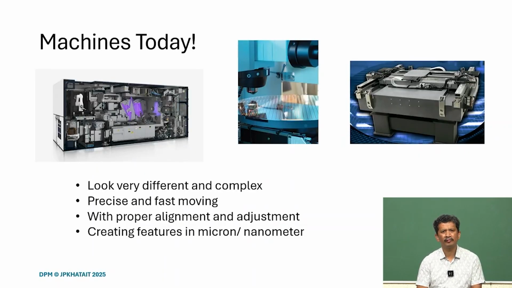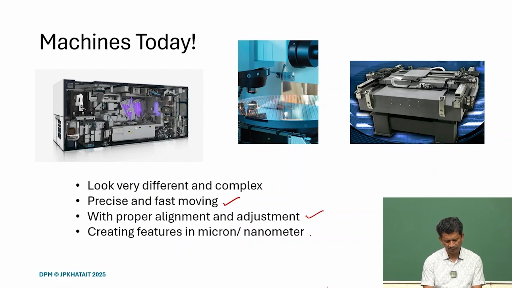At the same time, when we look at the machines today, the systems, the instrumentation, the machines which enable us to produce these products, they are very complex, they look very different, they are very precise and fast moving, and they can do alignment and adjustment on the fly.